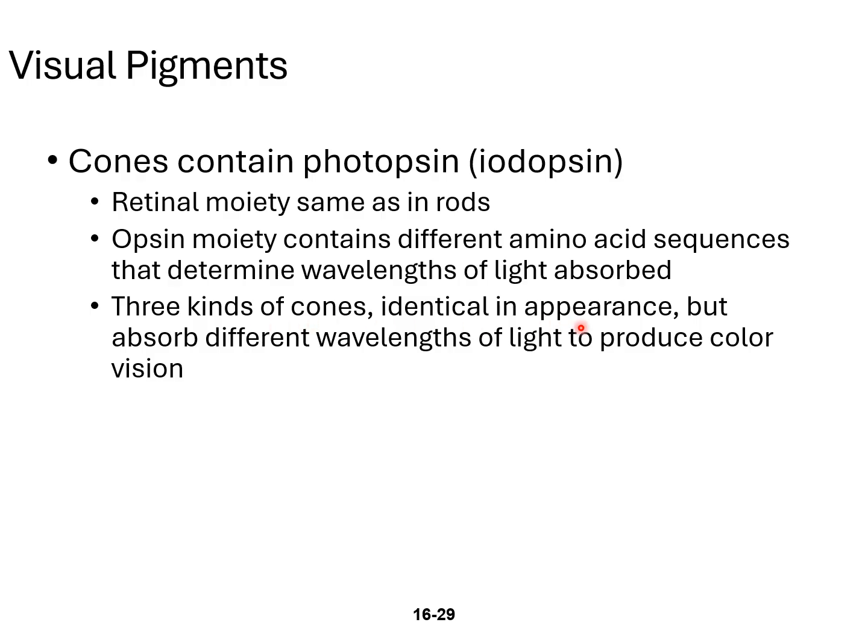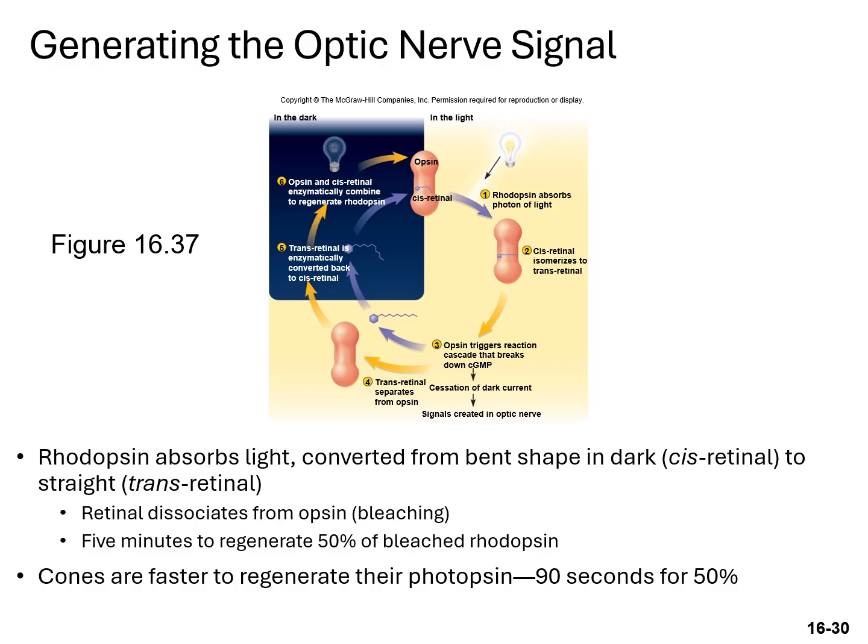They look exactly the same underneath the microscope, so you have no idea which ones they are. But if you looked at the opsin molecule and the amino acids, those amino acids can tell you which wavelength of light they're going to absorb and become changed. So this is generating the optic nerve signal with light and dark.